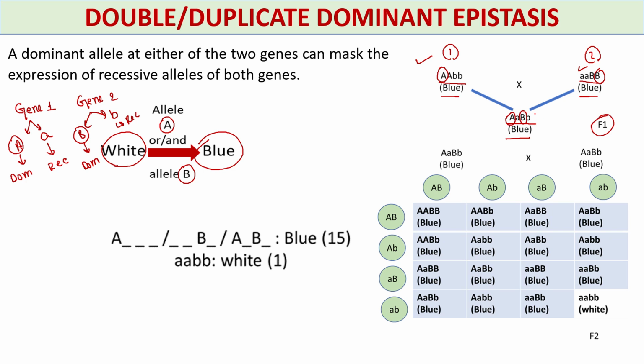If F1 generation offspring are self-crossed, there will be an interesting outcome in F2 generation. 15 flowers are blue because they all have at least one dominant allele, that is either capital A or capital B or both capital A and capital B. Only one of them is white because it does not have any dominant allele.